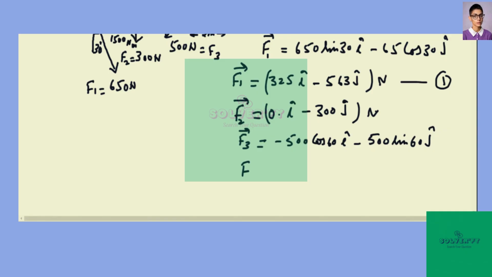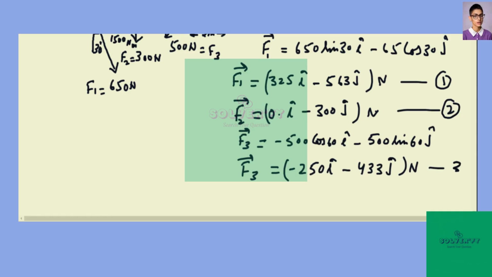So for F3 we will get minus 250 i cap minus 433 j cap Newton. Say this equation is second and this is the third.